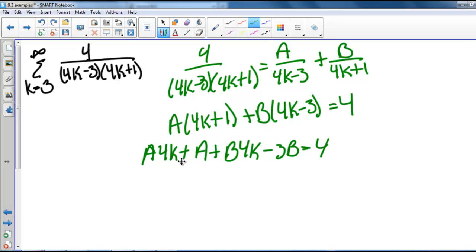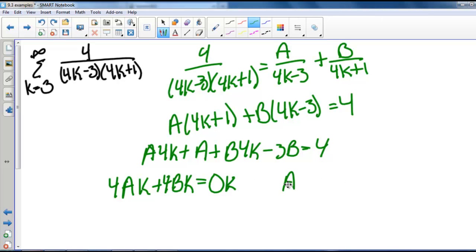Now we split this out into a system of equations, things without k and things with k. So 4A times k plus 4B times k has to equal 0 because there's no k term over on the right side.